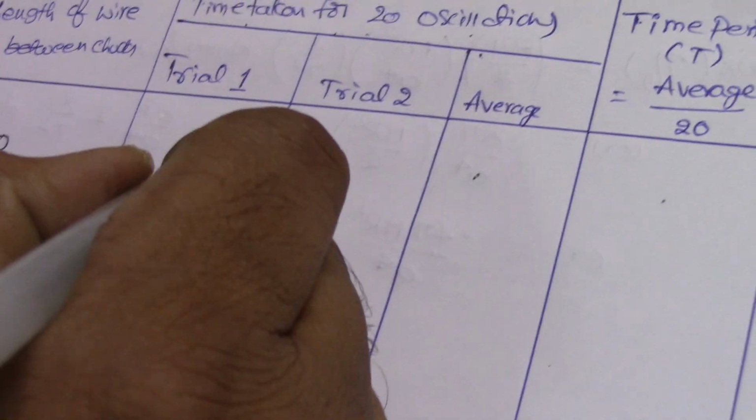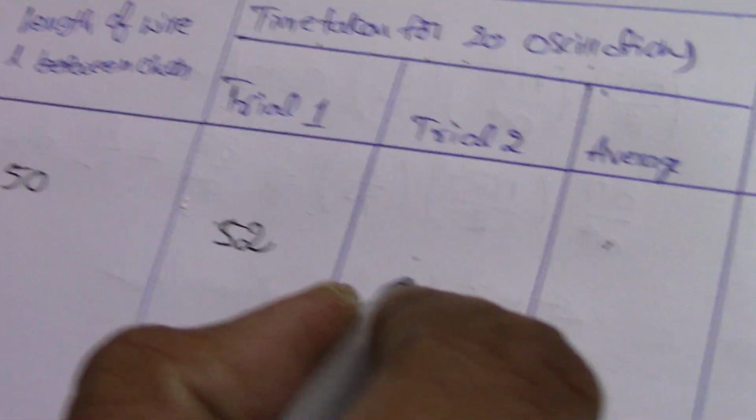So in trial 1 the time taken for 20 oscillations is 52 seconds, students.